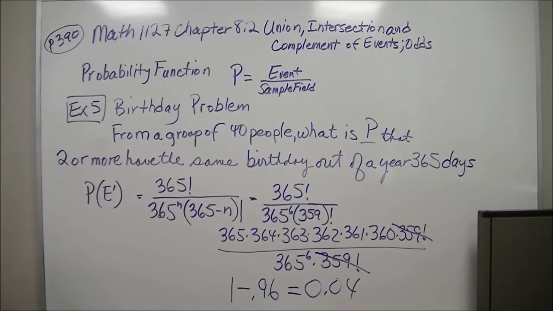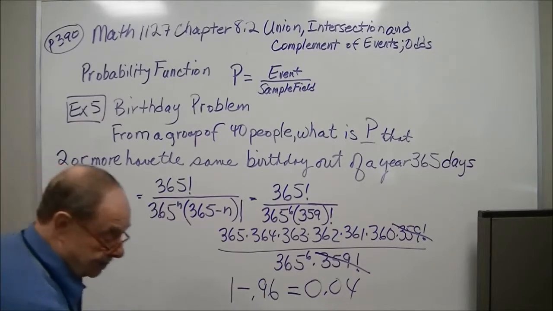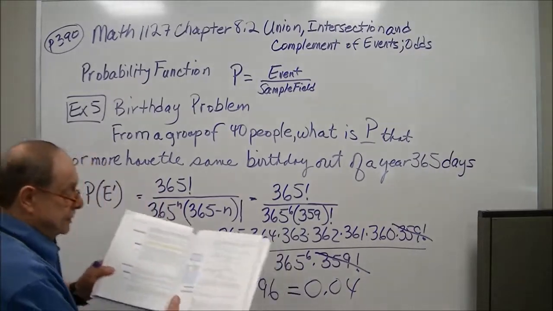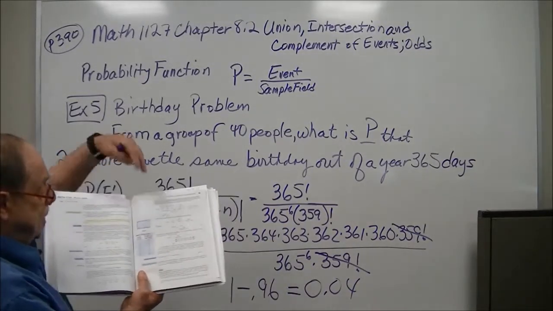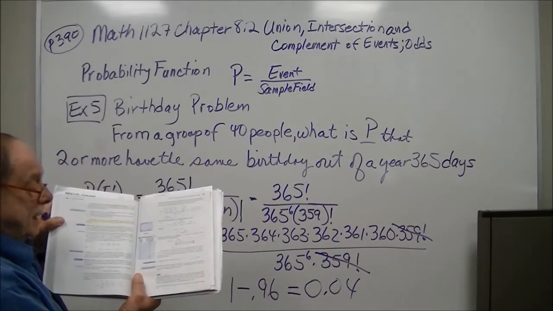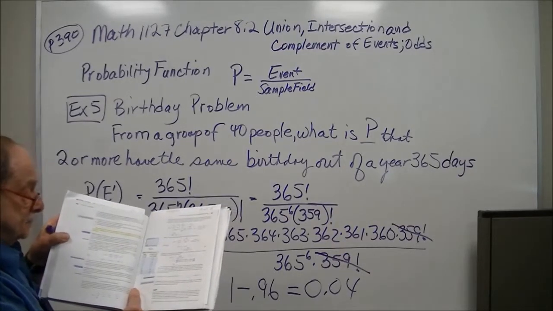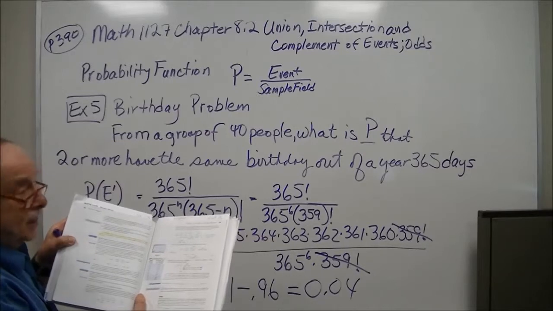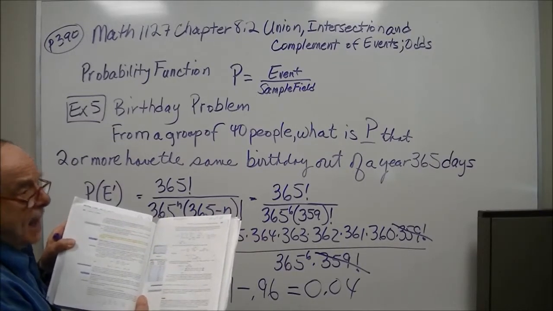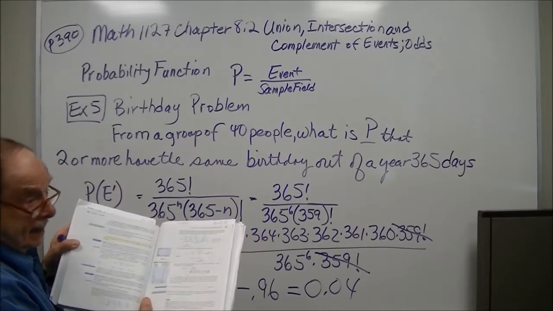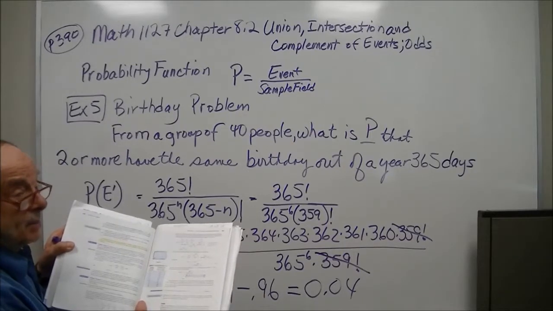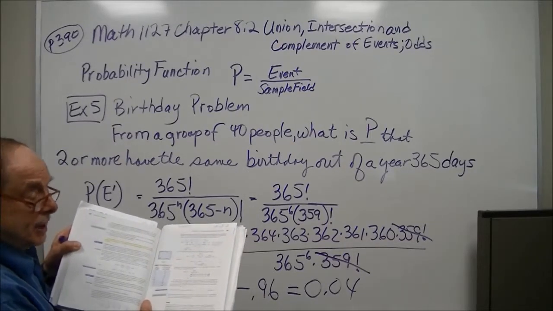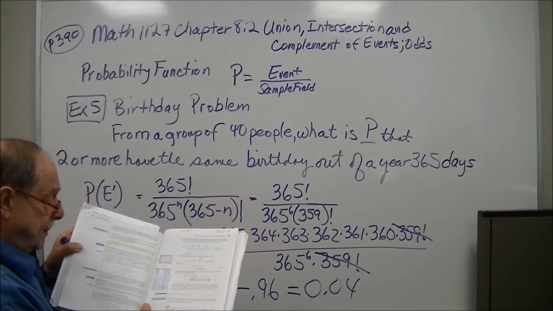Again, all the work is in the chapter textbook pages, and they also give a little chart here that an interesting thing happens. It says you would only need a group of 23 people to have at least 50% probability that 2 people are going to have the same birthday.